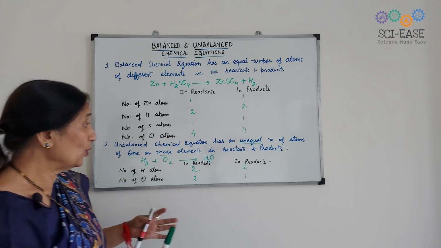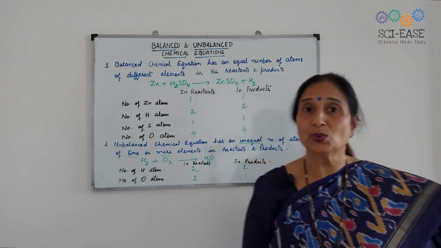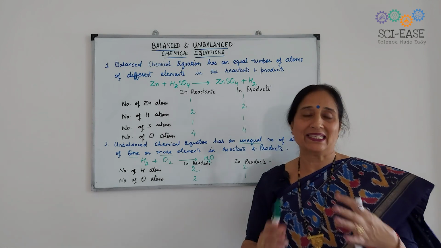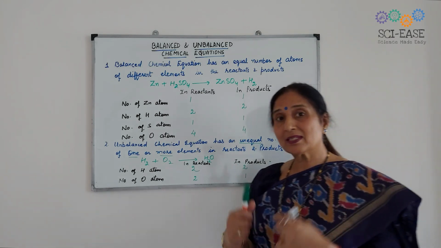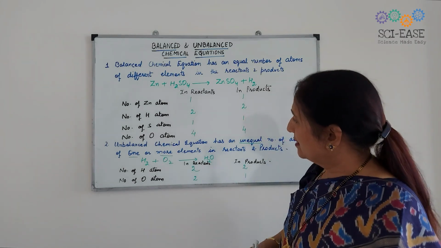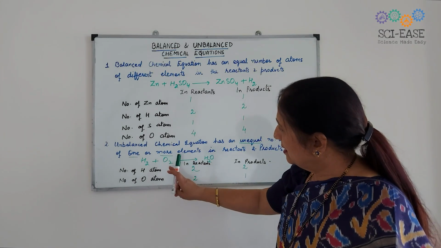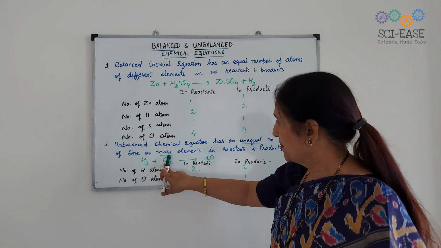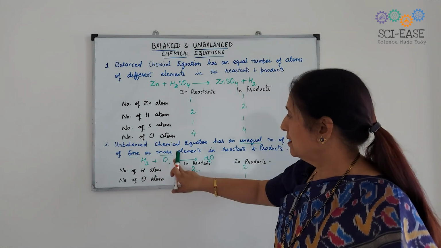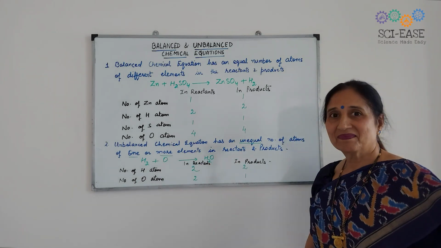Okay? So, what are we to do? We are to balance it. Sometimes some students say, ma'am, can we write O here? If we write O like this, then it will be balanced.